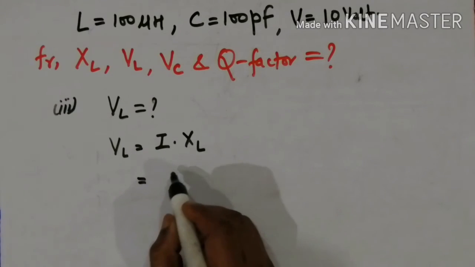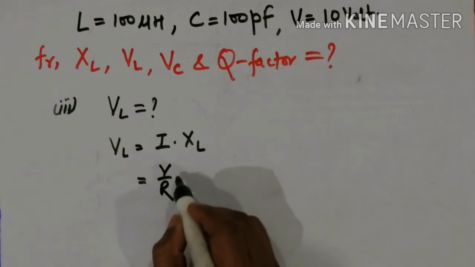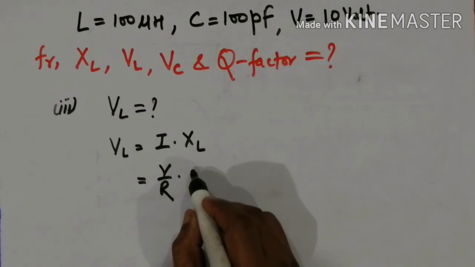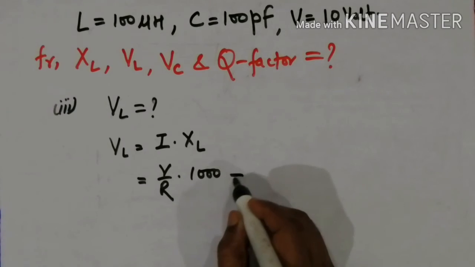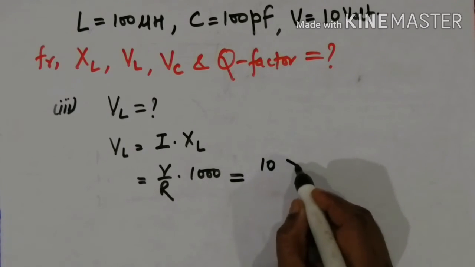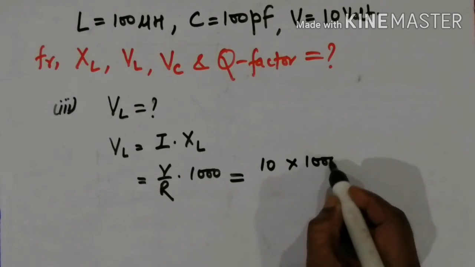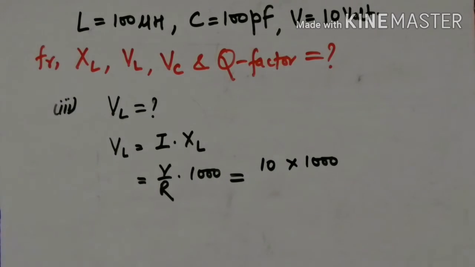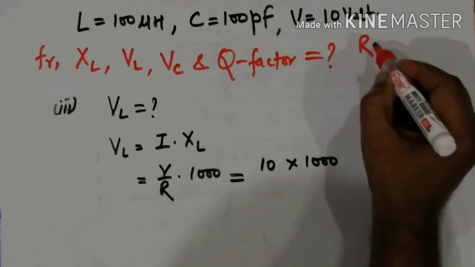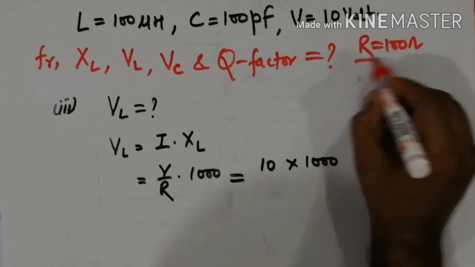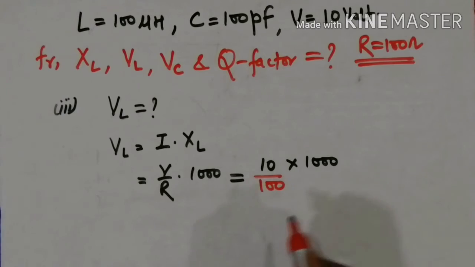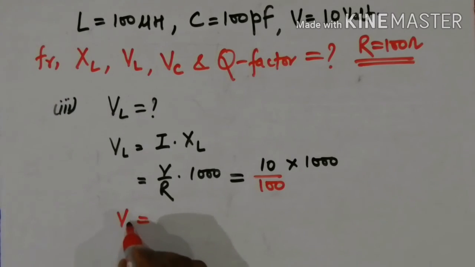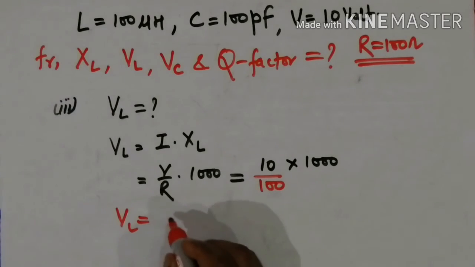Current, it is voltage divided by resistance, into XL, it is 1000 ohm. What is the applied voltage? It is 10. XL, it is 1000. The value of resistance is 100 ohm. It is also given in question. It is 100. After solving, voltage across the inductor is 100 volt.